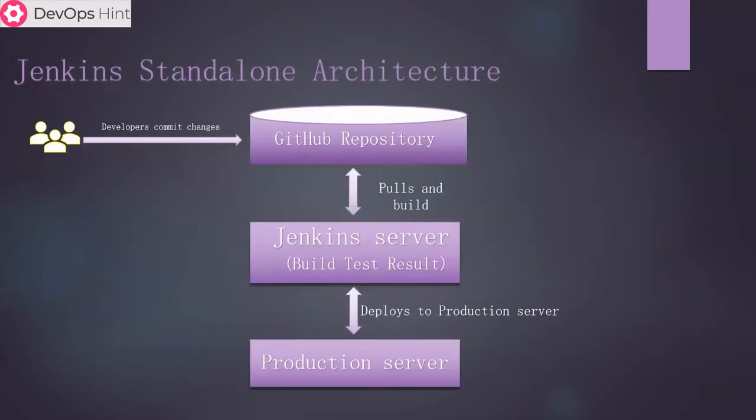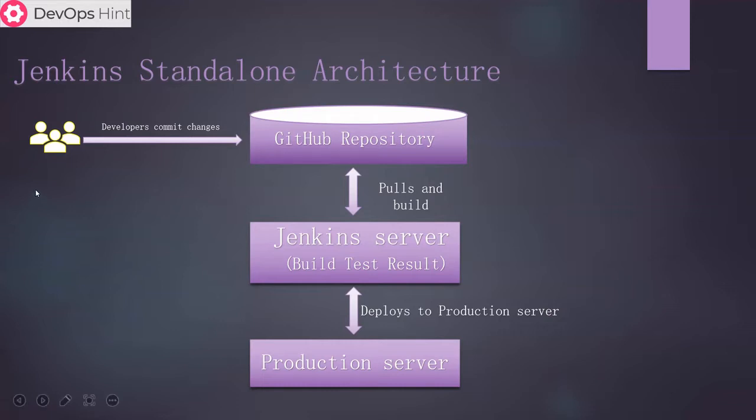In a real-time scenario for a project, we use Jenkins. For Jenkins architecture, there are two types: one is the Jenkins standalone architecture, and one more is the Jenkins master and slave. Generally, for small and medium projects, we use the Jenkins standalone architecture.